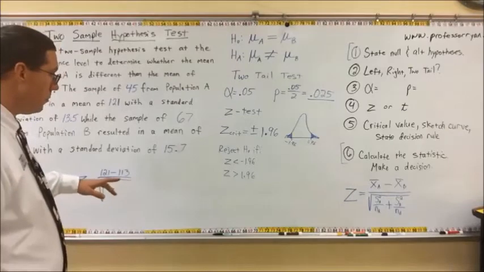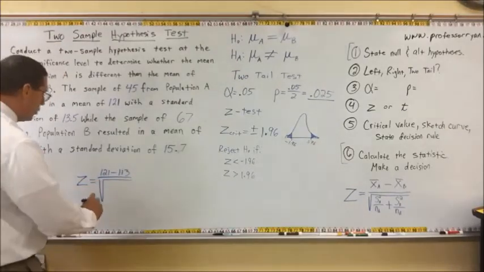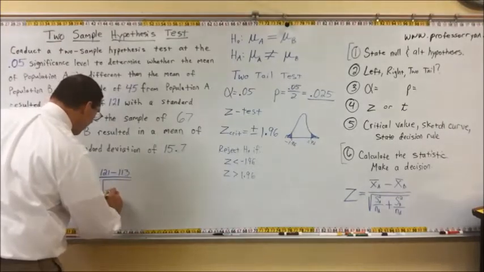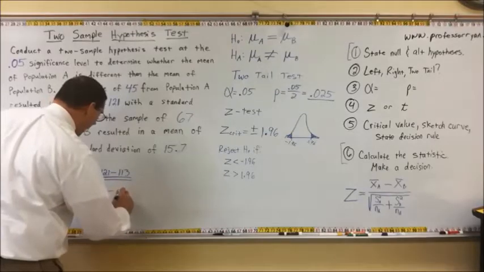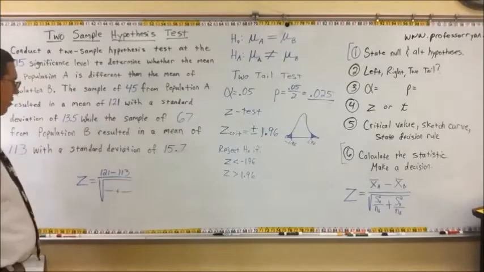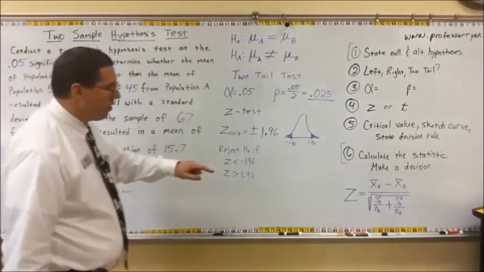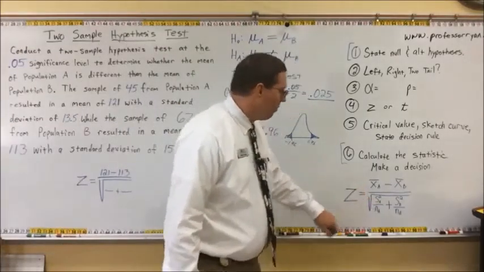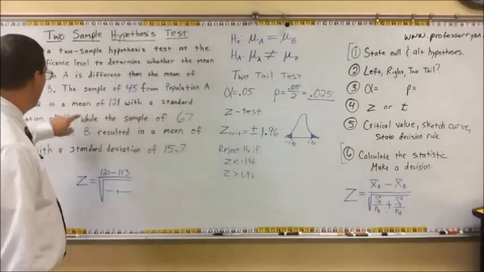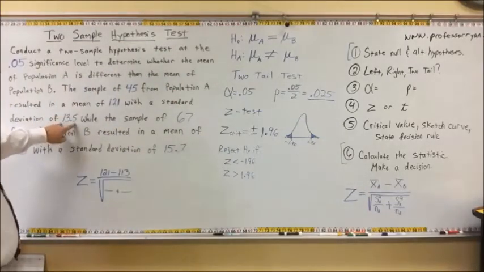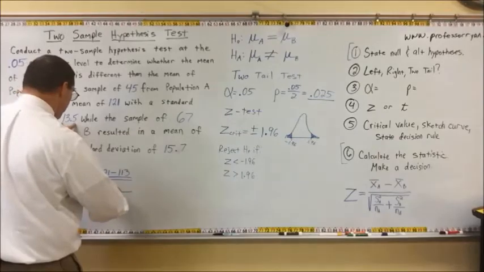So what we're going to do here is we got two fractions in the denominator, and they're being added together. In the first fraction, we have the standard deviation of the sample from population A, which is 13.5. I'm going to put that right here, 13.5.